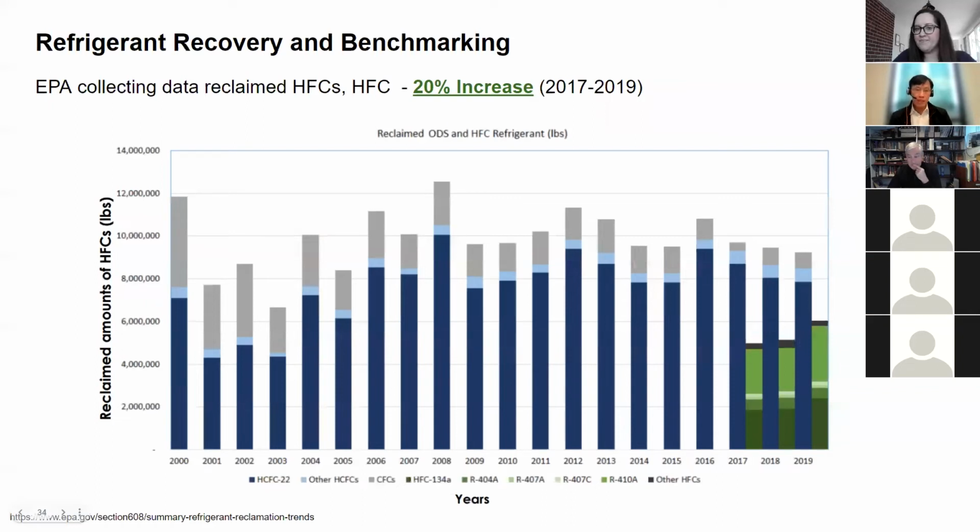Next slide. One of the keys is to actually benchmark the refrigerant number, maybe starting with this group here. Looking at this chart, you can see that when the EPA started collecting data, they found the reclaim of HFC actually started increasing.